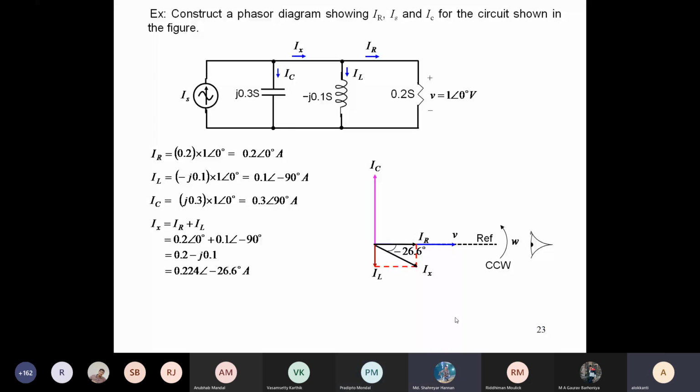Sir, in each question, will resistances and conductances be given in the form of J and minus J, or will we have to understand that? Something will be given, but it can be in multiple forms.